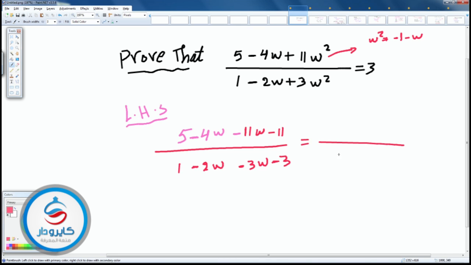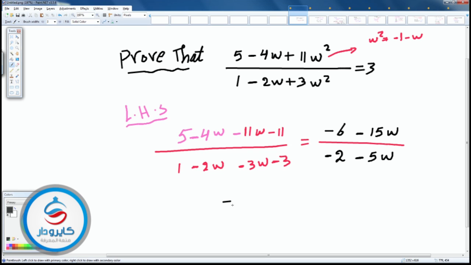By simplifying now, 5 minus 11, it will be negative 6. Negative 4 omega minus 11 omega, it will be negative 15 omega. 1 minus 3, it will be negative 2. Negative 2 omega minus 3 omega, negative 5 omega.